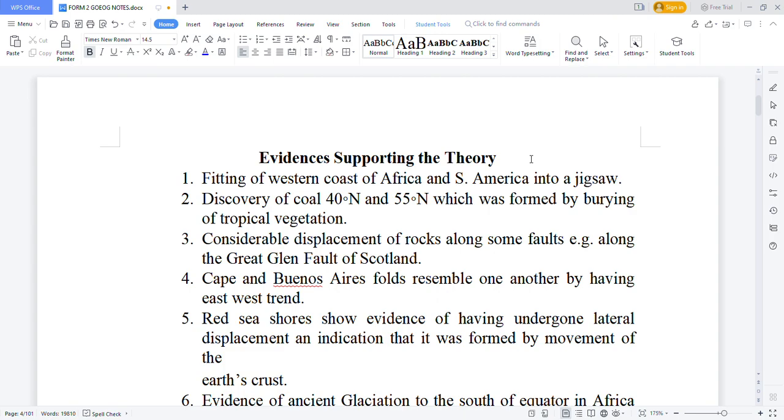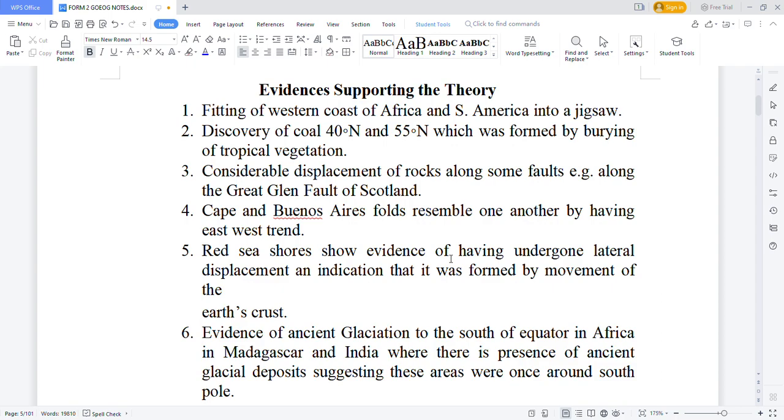Number 3, considerable displacement of rocks along some faults, e.g. along the Great Glen Fault of Scotland. Number 4, Cape and Buenos Aires faults resemble one another by having an east-west trend.